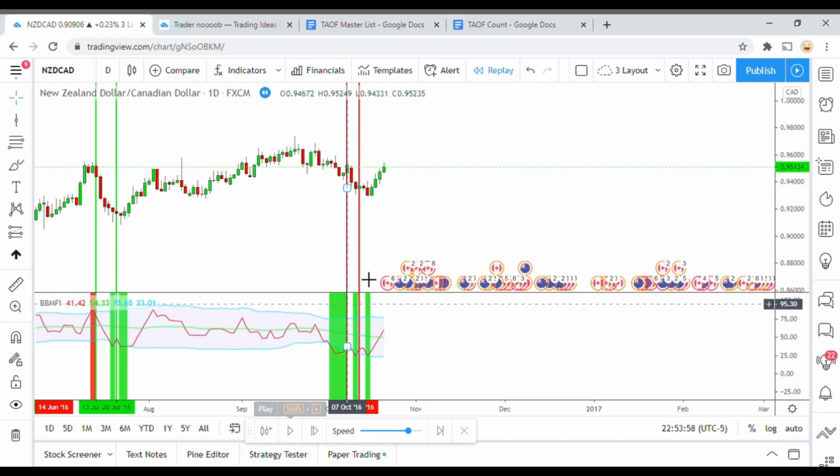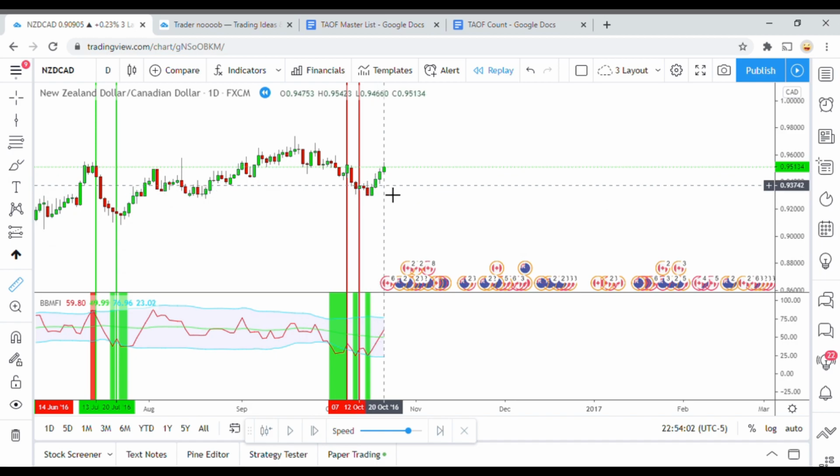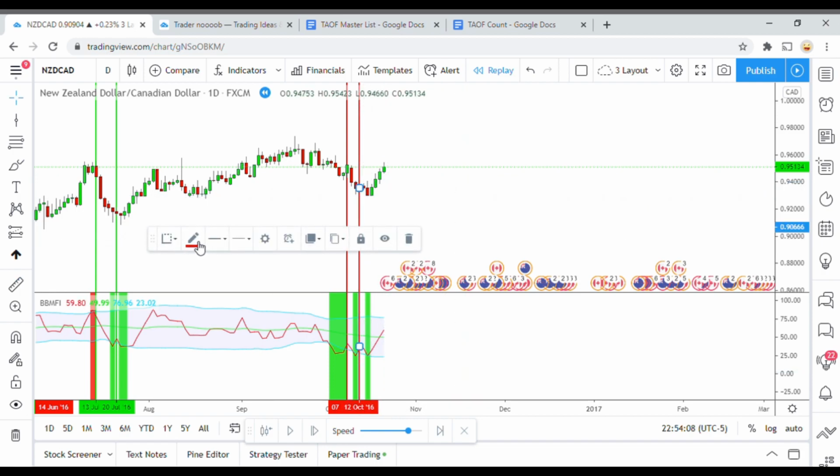Looks like that one, actually, hold on, let's measure that out. So that did take off on us pretty good there. There to there. So that one actually would have worked out for us.